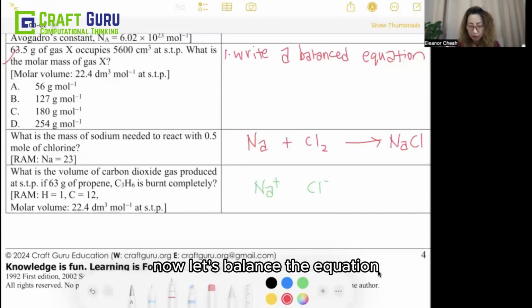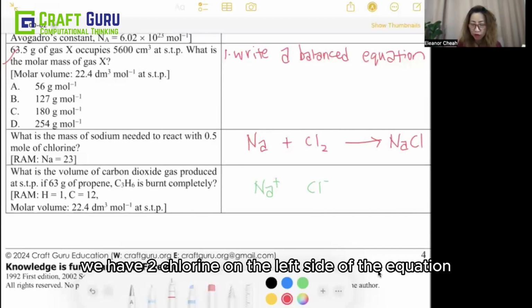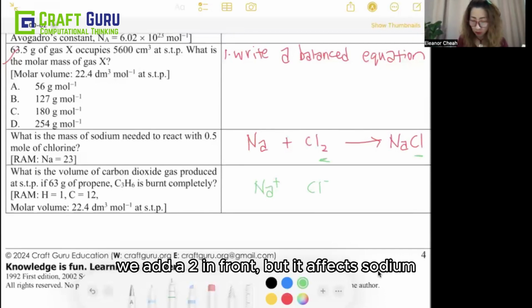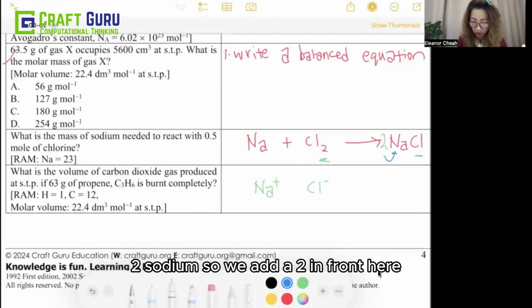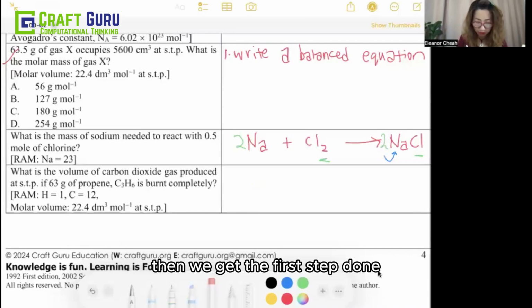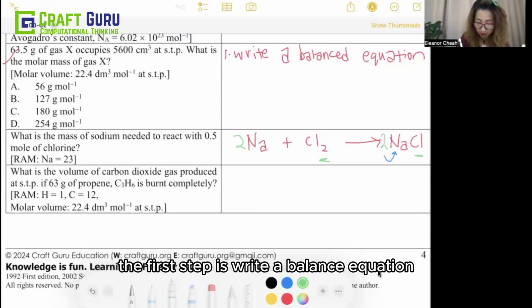Now let's balance the equation. Here we have 2 chlorine on the left side of the equation. On the right side, we only have 1. So we add a 2 in front. But it affects sodium, 2 sodium. So we add a 2 in front here. Then we get the first step done. The first step is write a balanced equation.